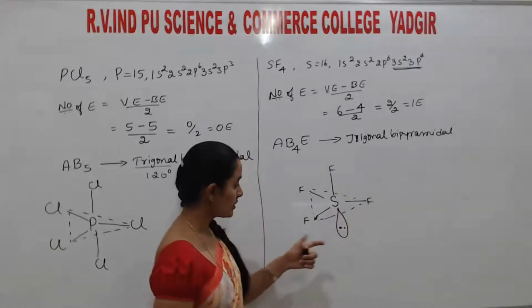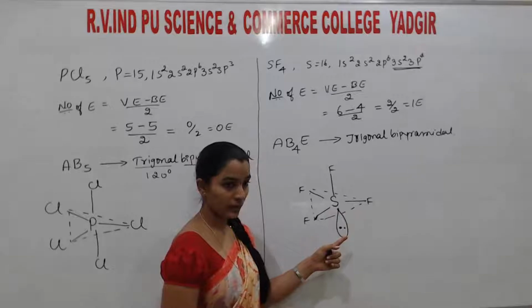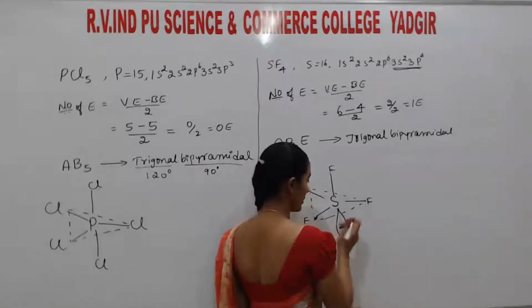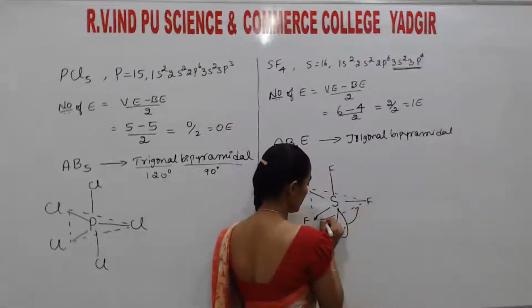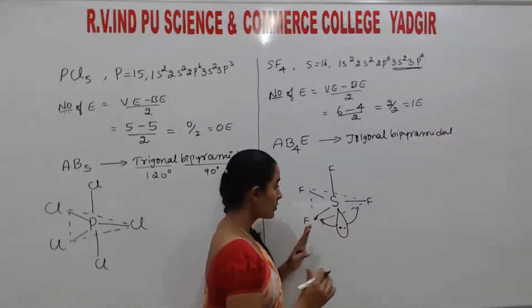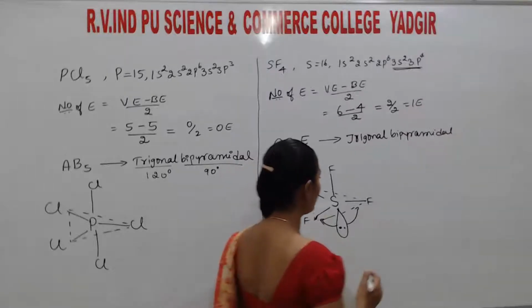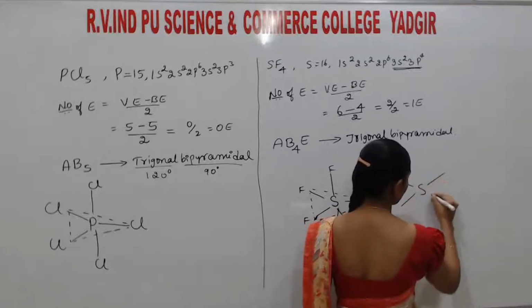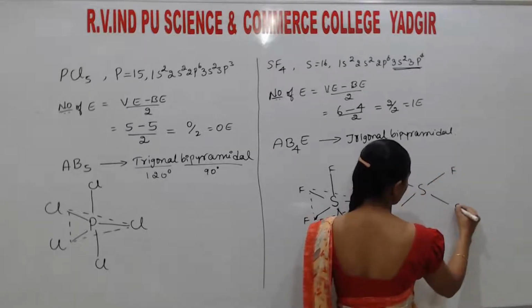Students, if an electron pair is there, what will it do? It repulses the structure in this manner. Then, what will they form? Instead of that, they form a structure like this.